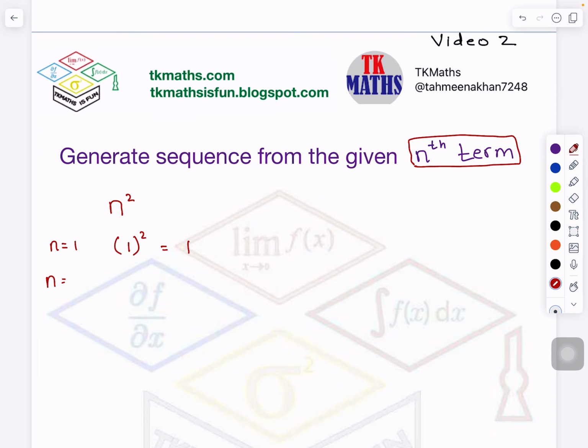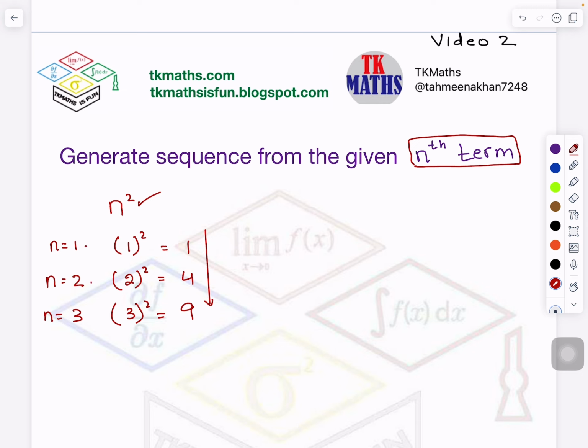If I write n is 2, 2 squared is 4. If I write n is 3, 3 squared is 9. So this is my series generating 1, 4, 9, and this is a square series. So the nth term formula is given to you. You just need to plug in 1, 2, 3, 4. That gives you the first term, second term, third term.